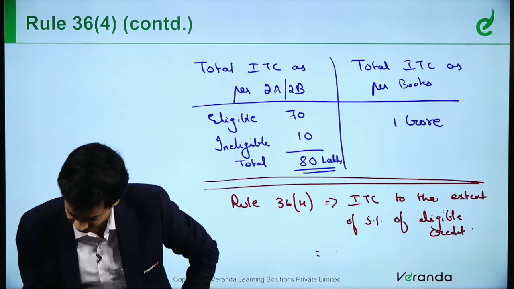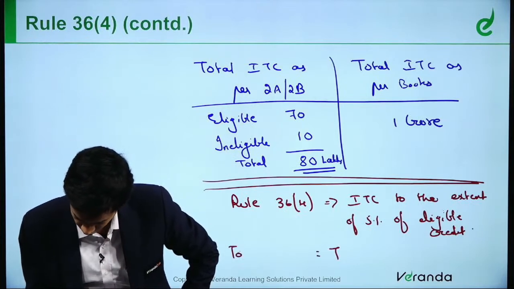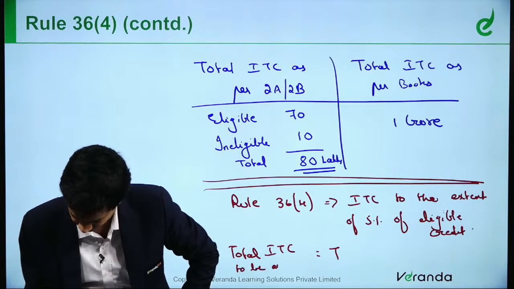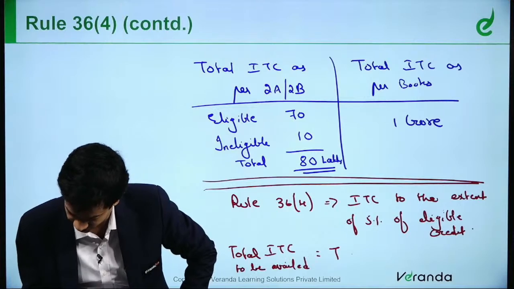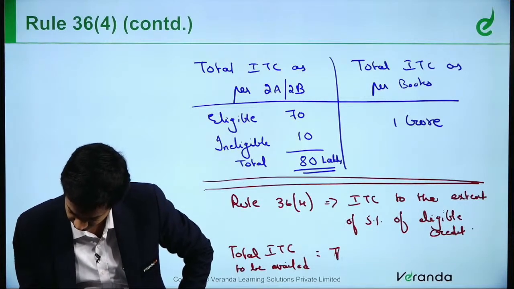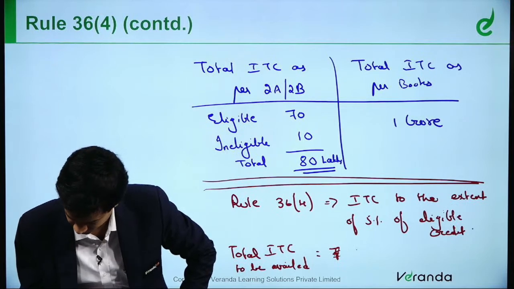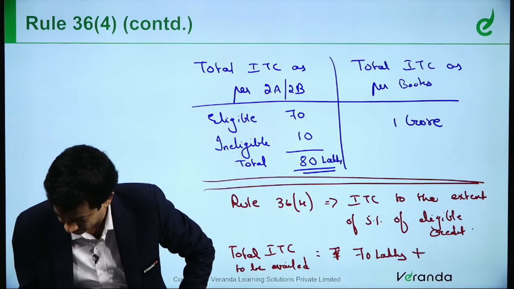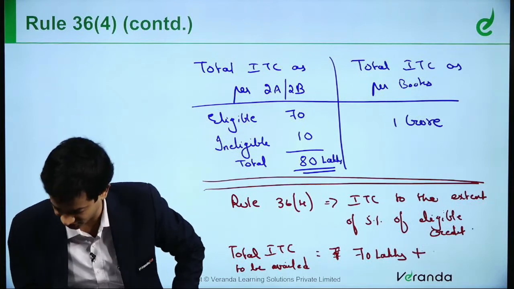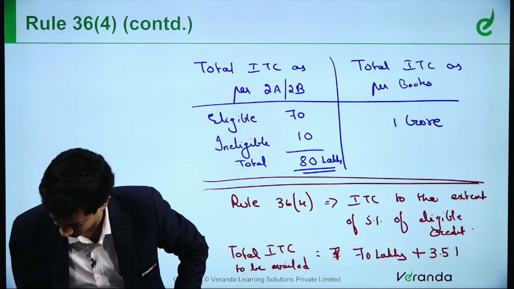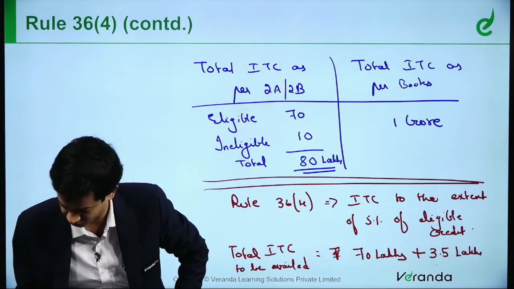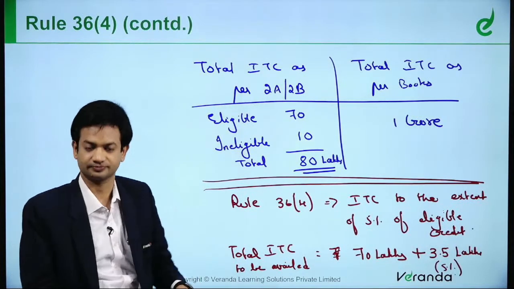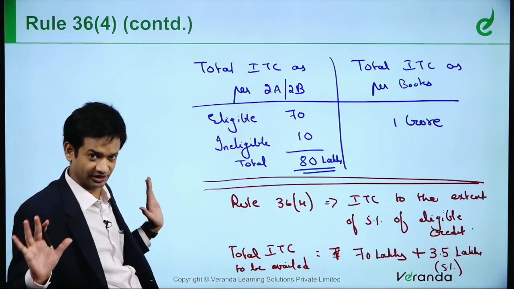So the answer will be total ITC to be availed will be 70 lakhs plus 5% of that. So basically 3.5 lakhs, because this is 5%. Hope the concept is completely clear to you, right?